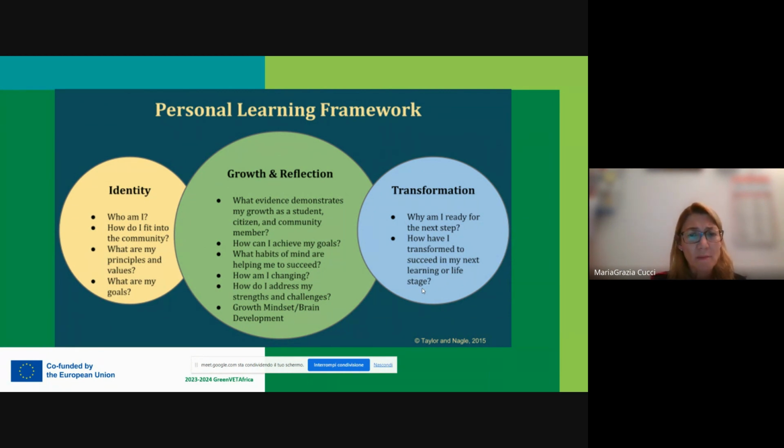Growth mindset, brain development. We can talk about that to the students to make them understand that our mind has incredible opportunities to grow, to develop.